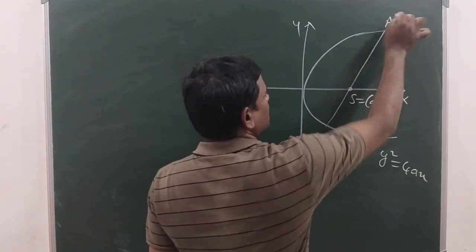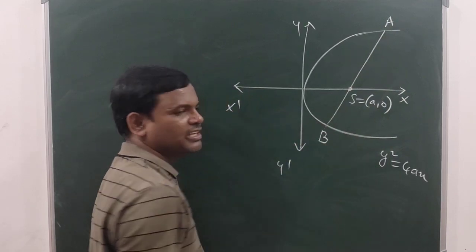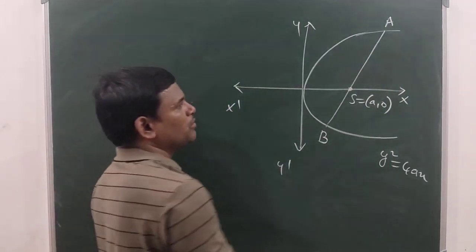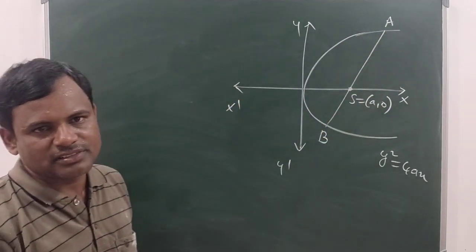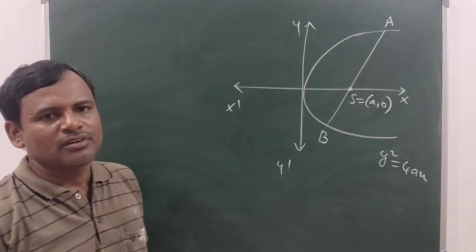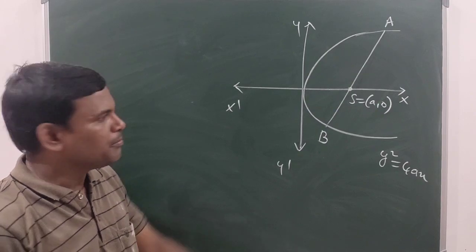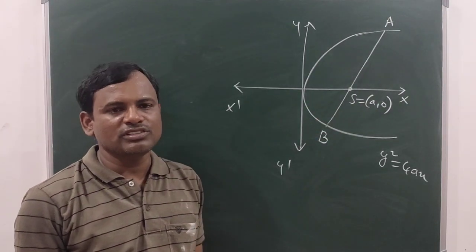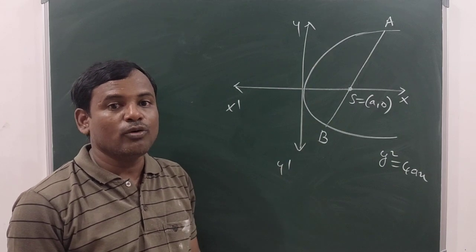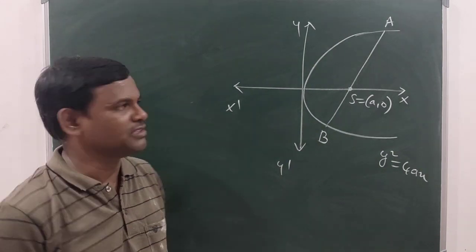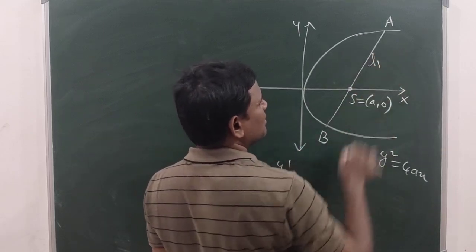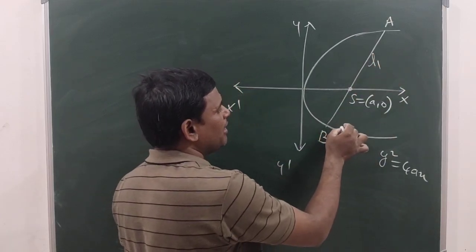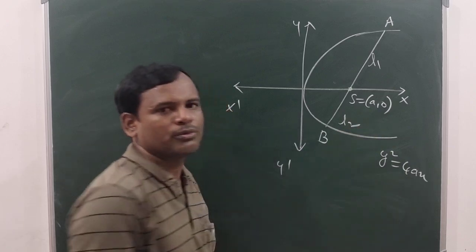Let us consider the ends of this focal chord as A and B. So SA and SB are two segments formed on this focal chord by the focus. This focus is dividing the AB focal chord into two segments. One is SA, one is SB. Let us consider this SA length be L1 and SB length be L2.